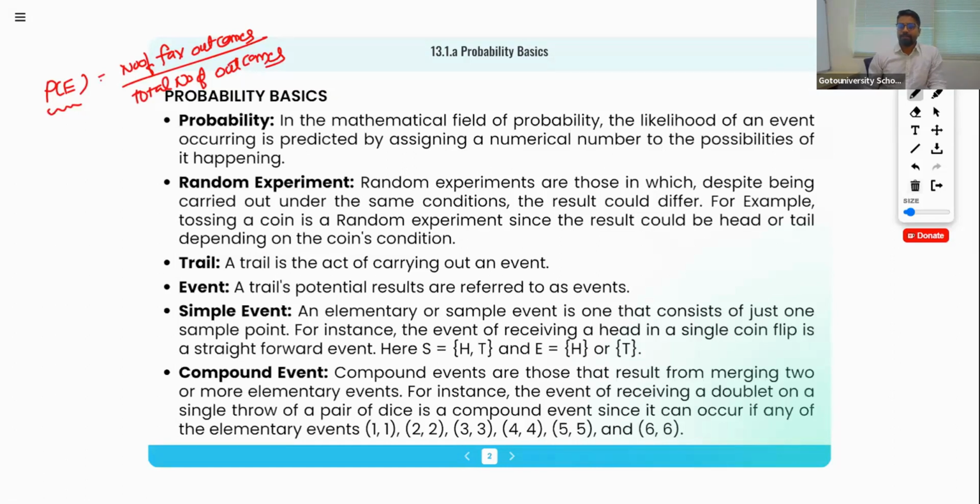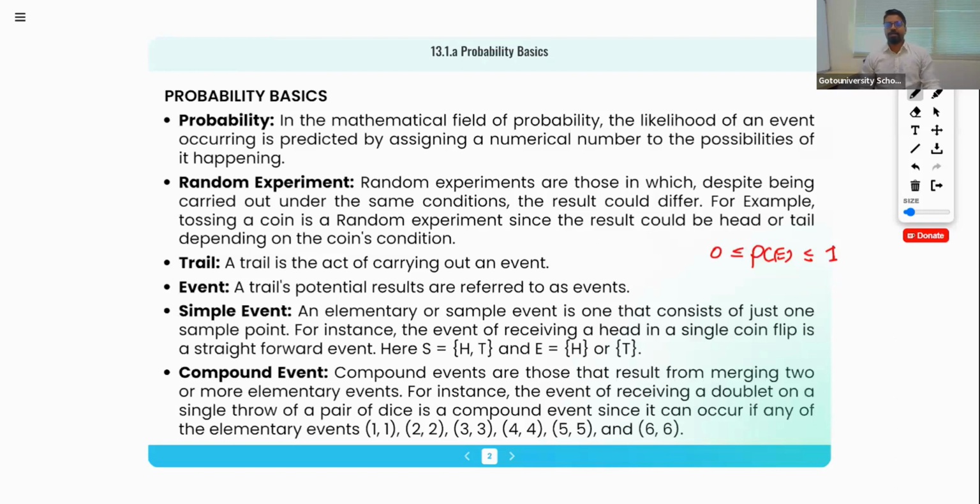So probability always lies between 0 and 1. The highest value probability can take is 1, because if you expect everything from the total number of outcomes, the numerator and denominator become the same. That's why it becomes 1. Or else it will be anything less than 1, but it is always positive. It can be even 0 also, but it will never become negative. Okay, because it's just a ratio of positive numbers.